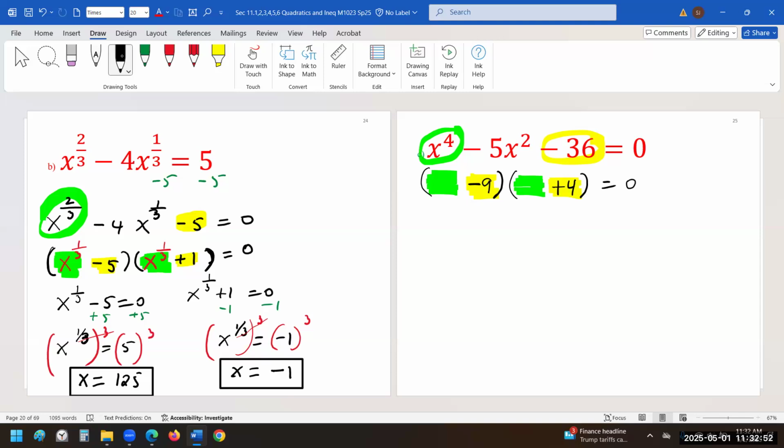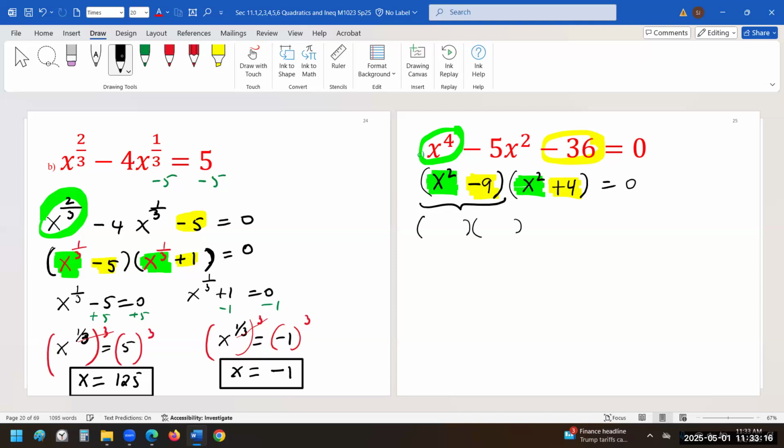Now x to the 4. How are you going to split your x to the 4? x squared and x squared. Great. If you observe, this is actually a perfect square, right? x squared minus 9. So we can factor this more.